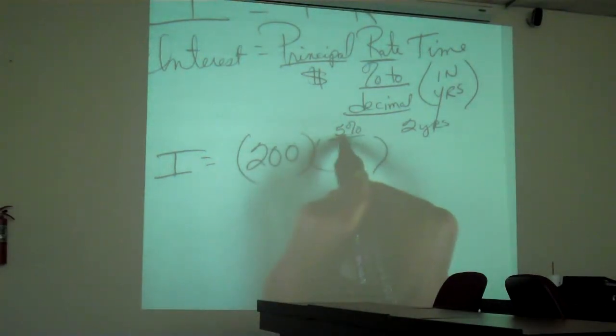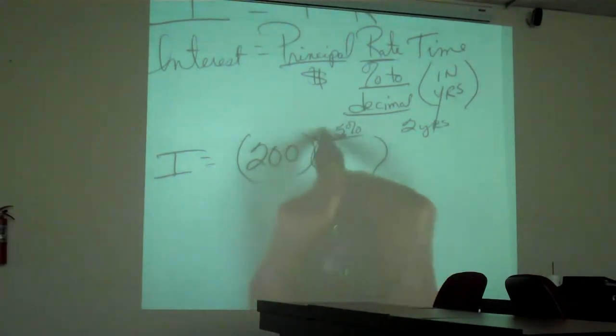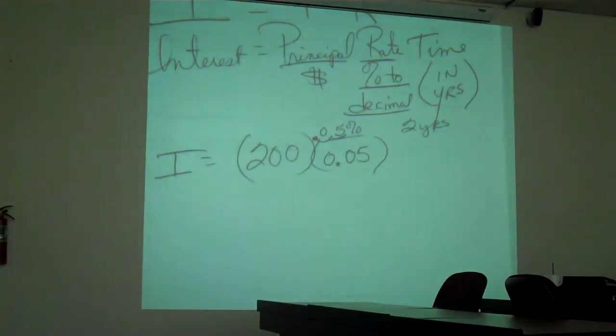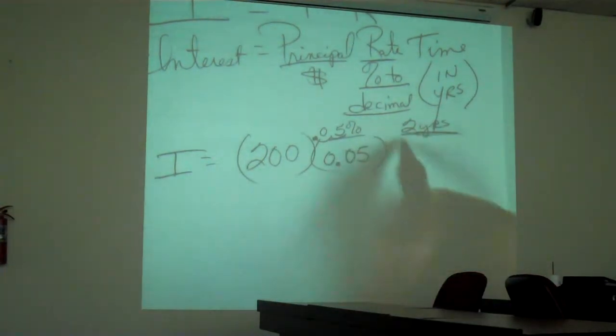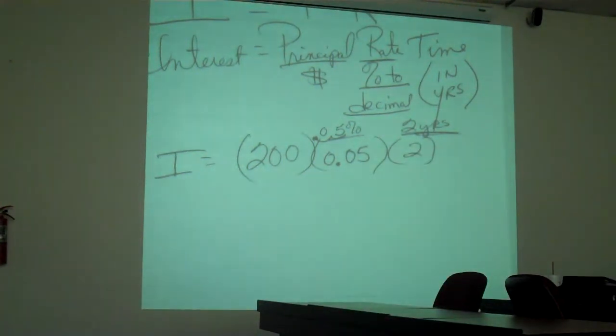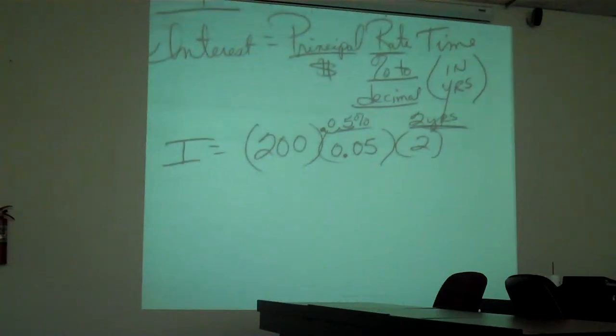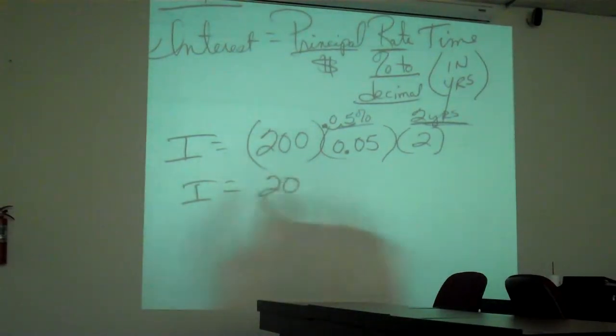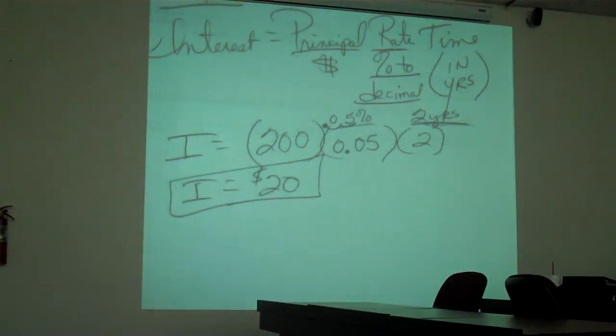Move it to the left twice. 0.05. Since this is in years, all we have to do is put the 2 there. Okay, so do 200 times 0.05 times 2. $20. That's your simple interest. You just have to multiply those numbers.